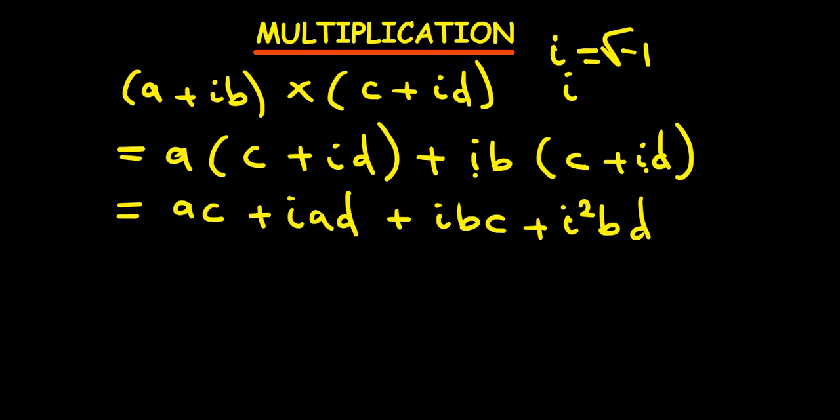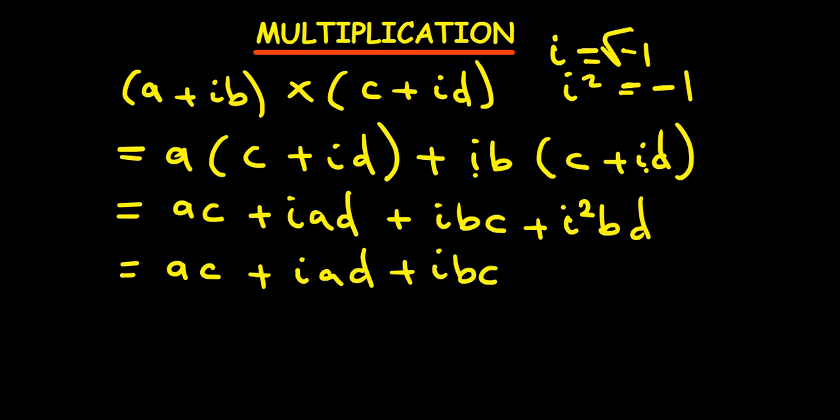Now, from where we started, we said that i is equal to root of negative 1, or i squared is equal to negative 1. So where there is i squared, we can replace it with negative 1. So we have ac here, plus iad, plus ibc.